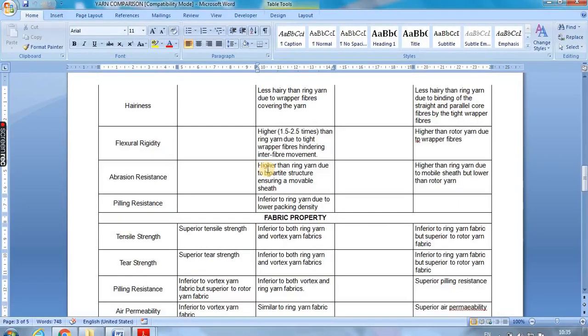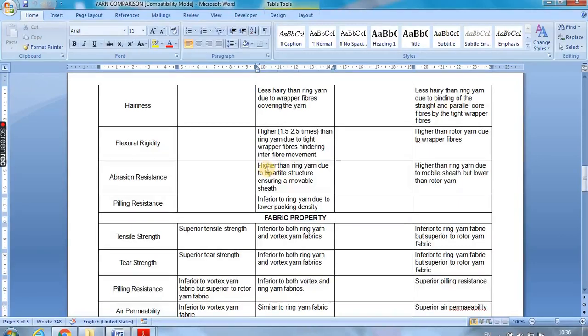The core has a higher twist, but the sheath fibers have very little twist. That means the sheath fibers are free, or mobile. When you are abrading the yarn, the outer fibers are mobile in nature, so they can distribute the stress or load to the other fibers. This is responsible for high abrasion resistance.